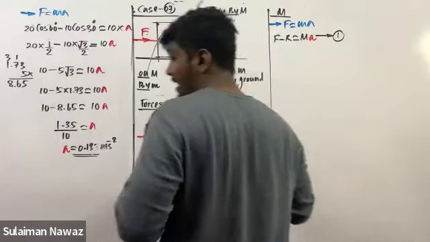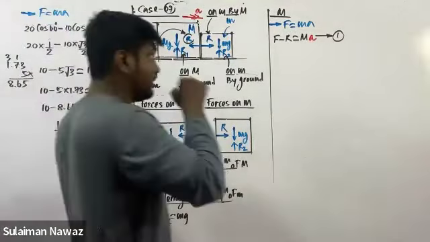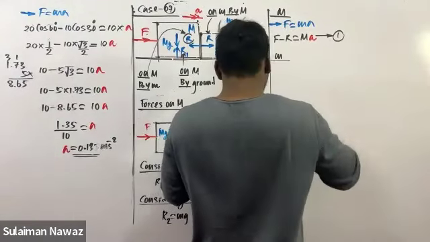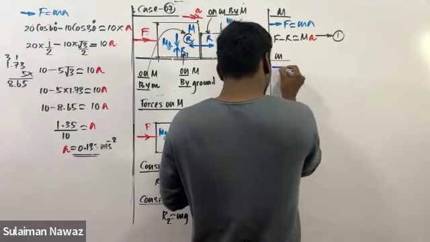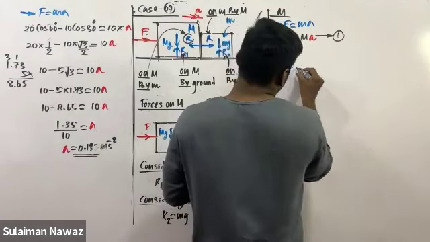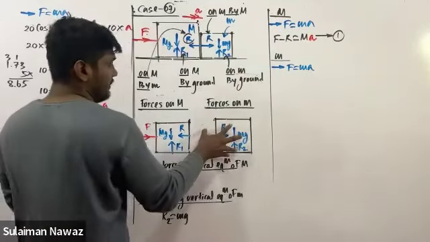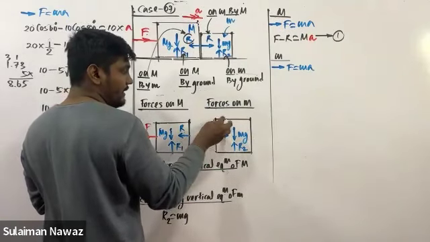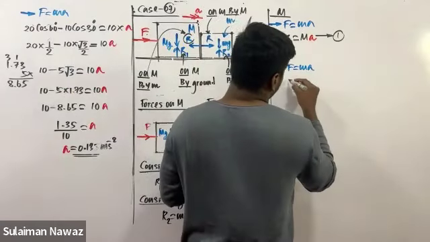Now, apply F equals ma on small m. We always apply F equals ma in the direction of motion, the right side direction. There is only one horizontal force on small m, capital R to the right side.